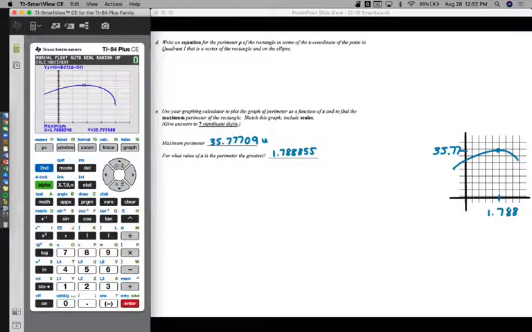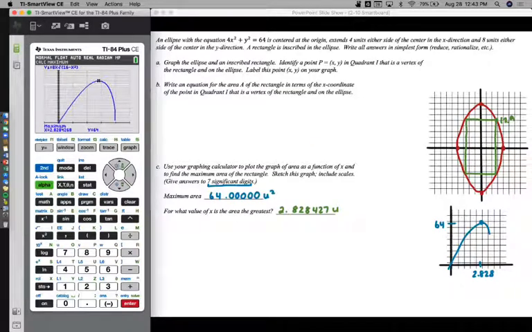You just want to make sure that your calculator is accurate in the first couple of decimal values. If you're really off there, check to make sure that you typed the equation incorrectly in your graphing calculator first. Or redo the maximum value calculation. All right, so that is the maximum perimeter that occurs when x is 1.7888.